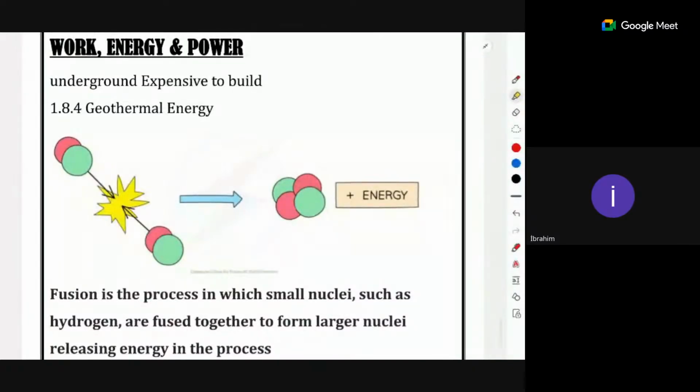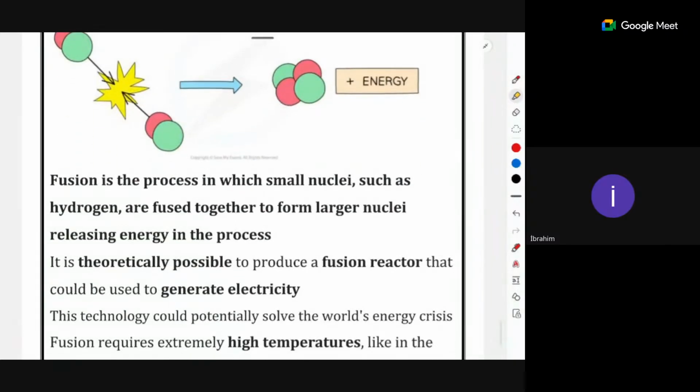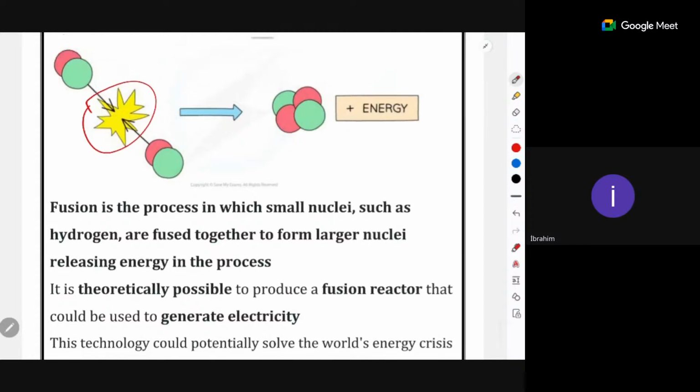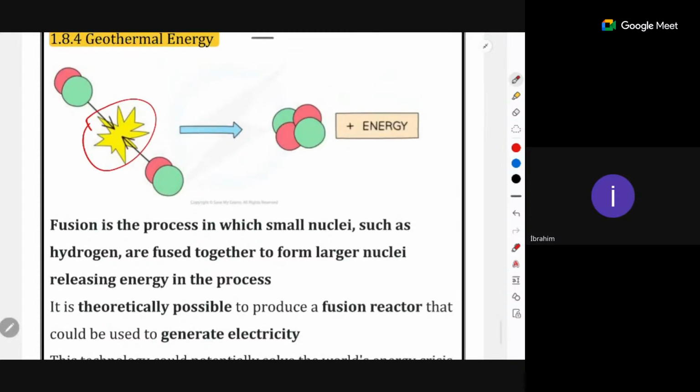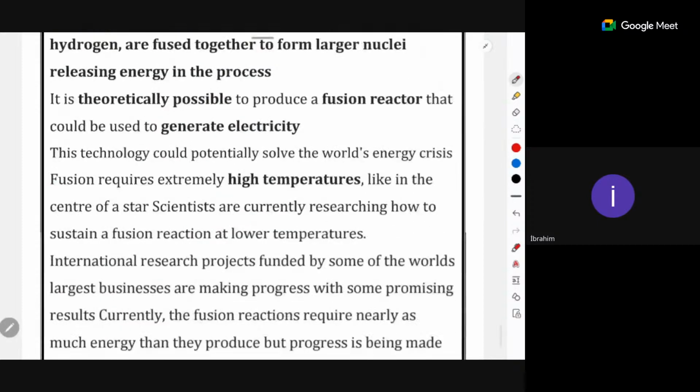In nuclear, you have to consider one thing. This is very important. In nuclear energy, the energy comes from nuclear reactions. When the energy comes out of the nuclear reaction, it is converted into heat, and that heat is used in the reactors.